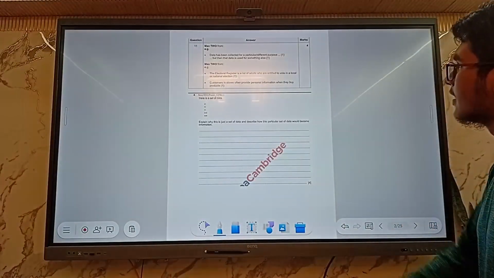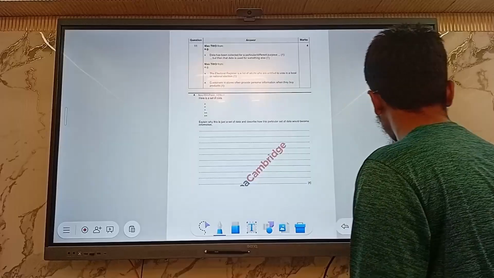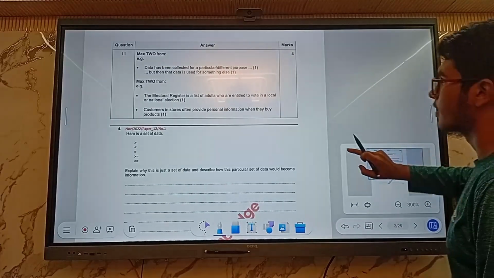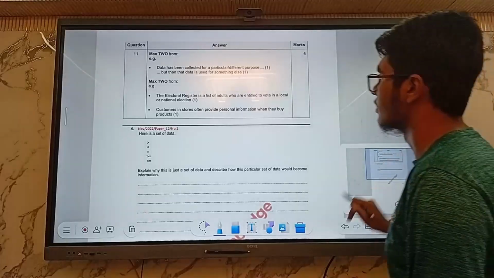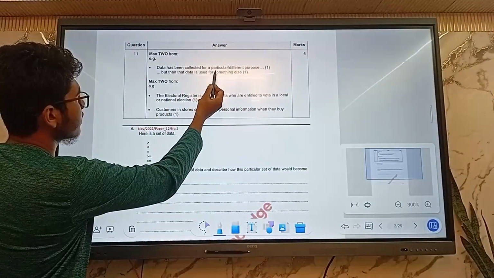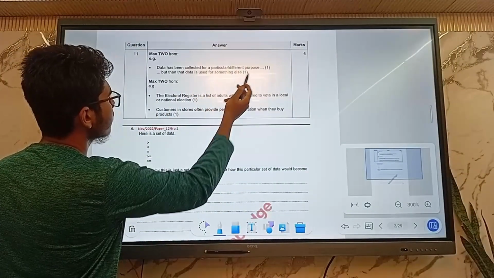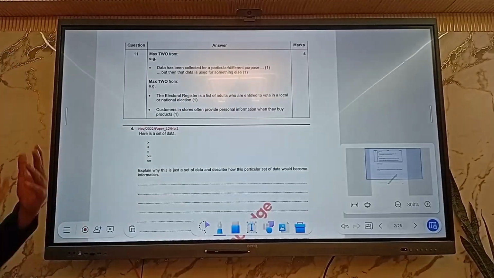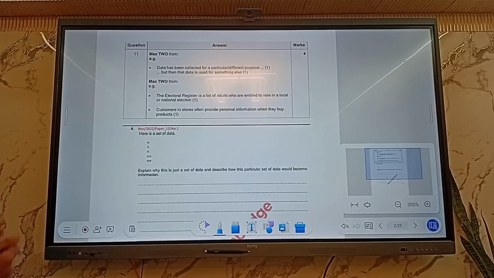Let's see if we are actually correct. I'm going to zoom in a bit, and then we have the mark scheme right here. Data has been collected for a particular or different purpose, but then that data is used for something else. We have clearly mentioned that in our answers.